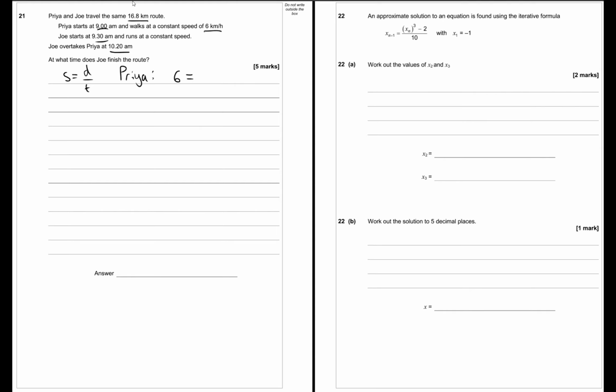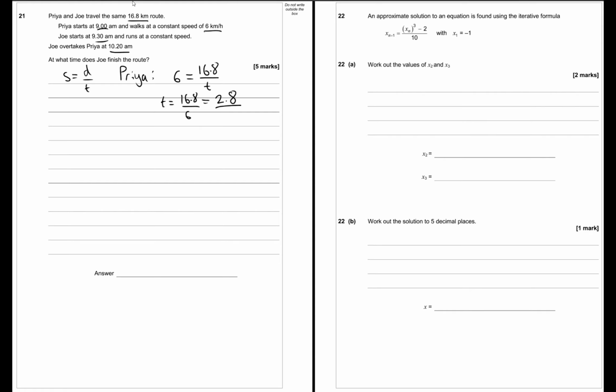We know the distance, which is 16.8, but we don't know the time. Okay, so let's rearrange this to make t the subject. So we're going to get t is equal to 16.8 over 6. Put that in your calculator, 16.8 divided by 6 gives you 2.8.